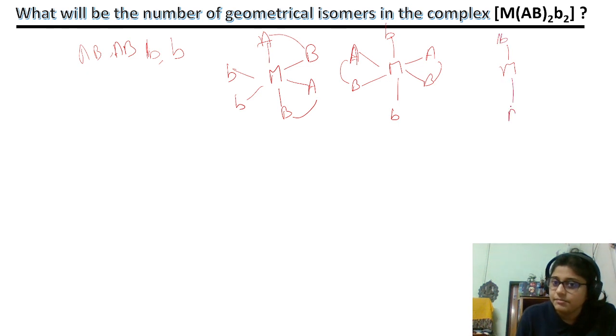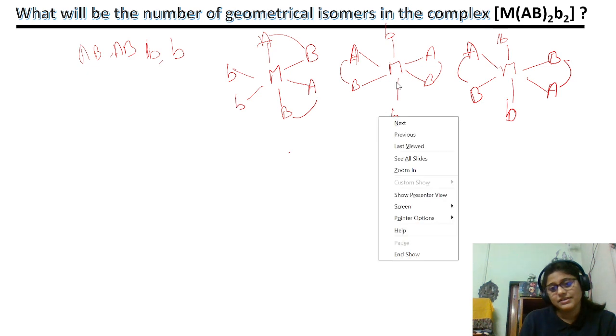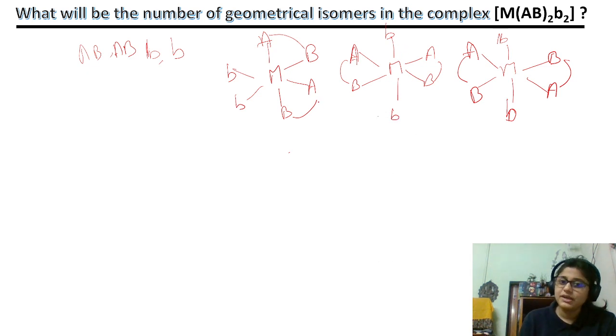B trans and AB, and here I am reversing it the same way, BA. Is it different? Yes, because it is all trans. B are trans, A are trans. This B also trans. This is whole trans. This is whole cis. This is only B trans. So three possible isomers are there.